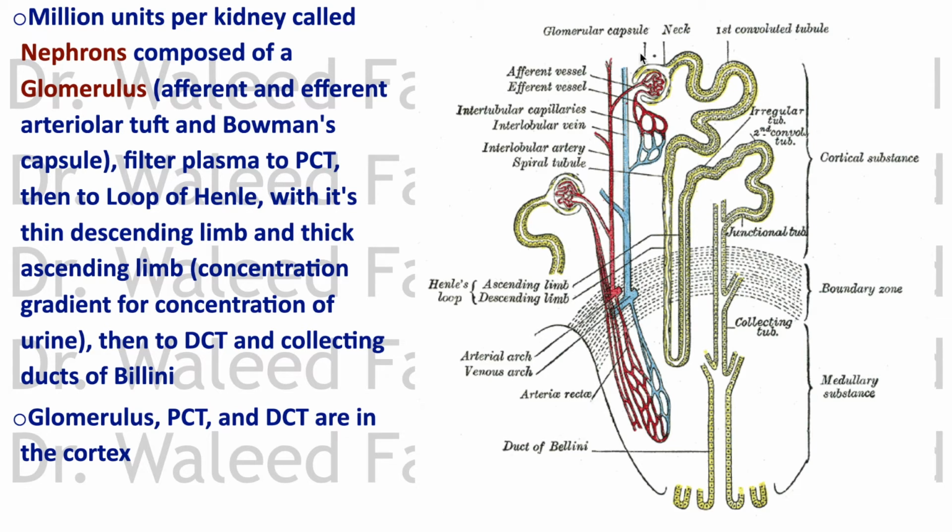Again, the glomerulus plus the PCT plus the DCT are constituents of the cortex, and the loop of Henle and the collecting tubules and ducts of Bellini are the constituents of the medulla or the pyramids of the kidney. This you will be asked about in multiple choice questions.